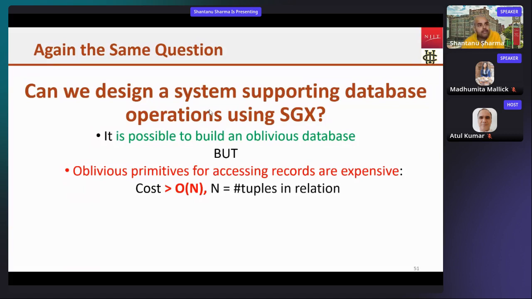The second part is this: if my data set size is very large, let's say more than the size of the SGX memory, so some part of the data is inside SGX and some part is outside of the SGX, and I am executing, let's say, a selection query. How can we execute a selection query over half of the data? If I return some answer from the first part that is inside SGX, the adversary will learn.